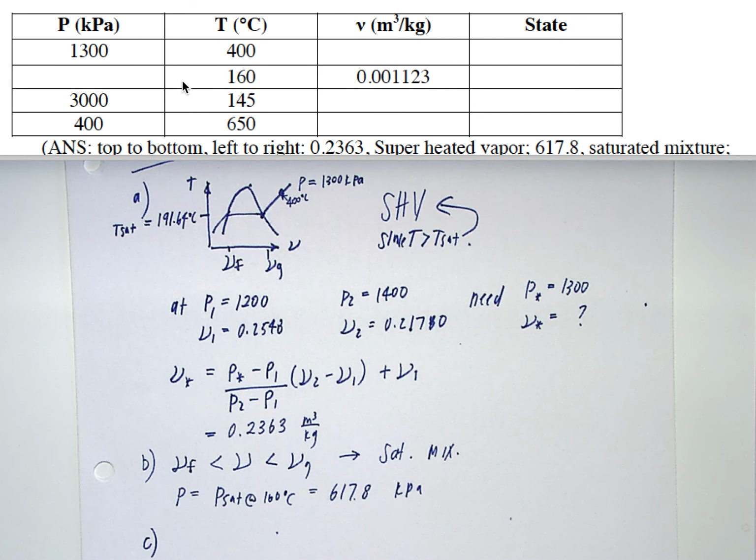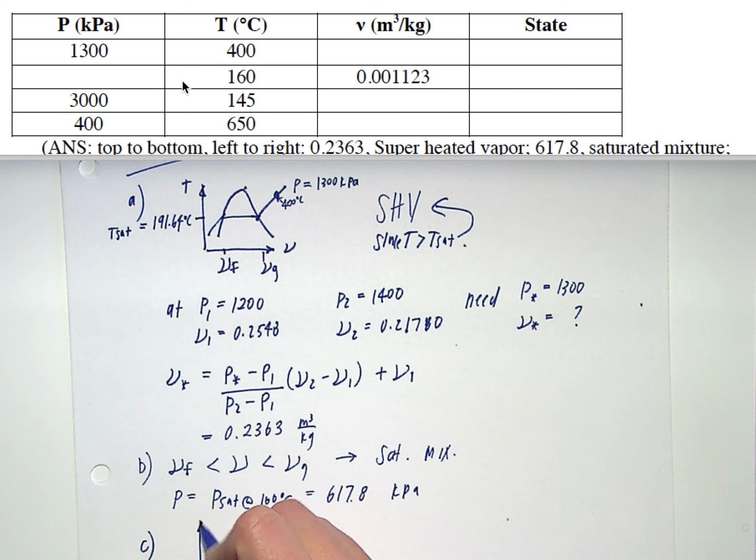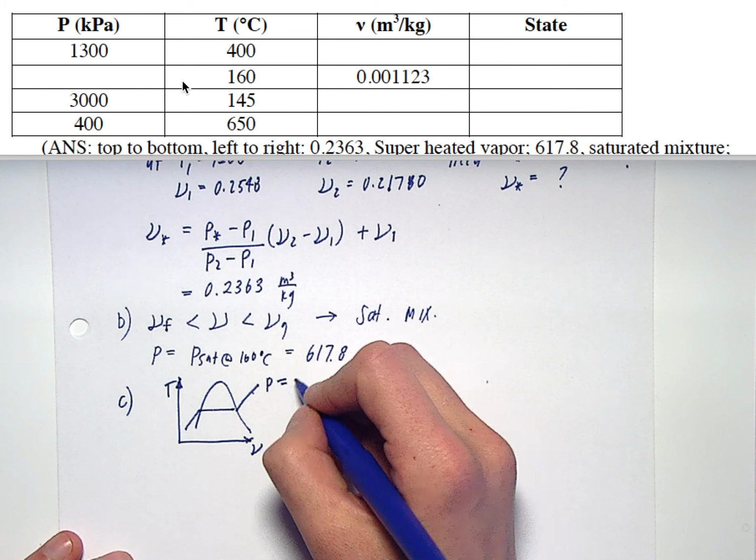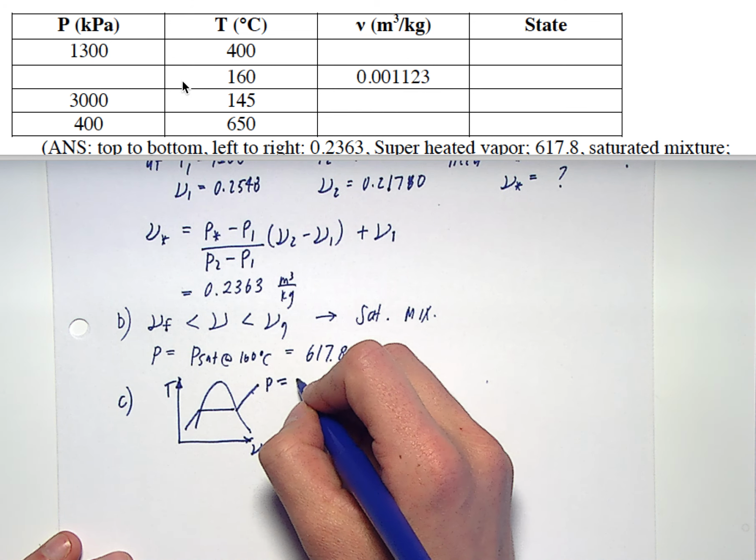I can show you that on a PV diagram. Or I'll do a TV diagram again. So we just looked at a pressure equal to 3,000.